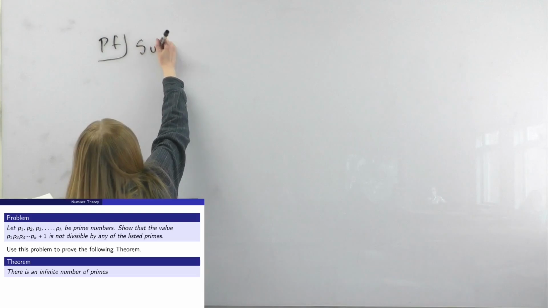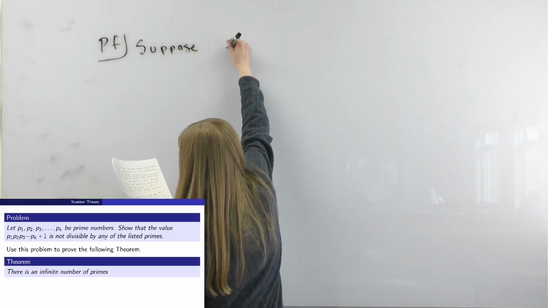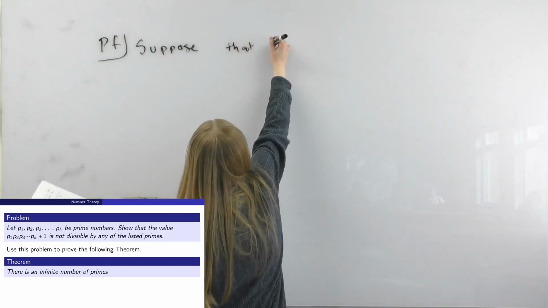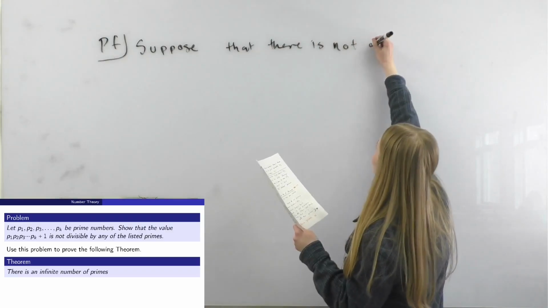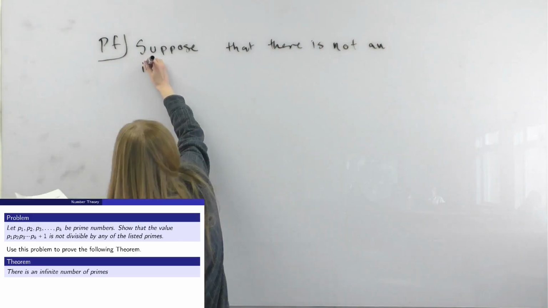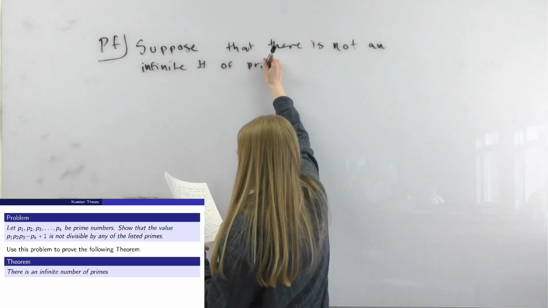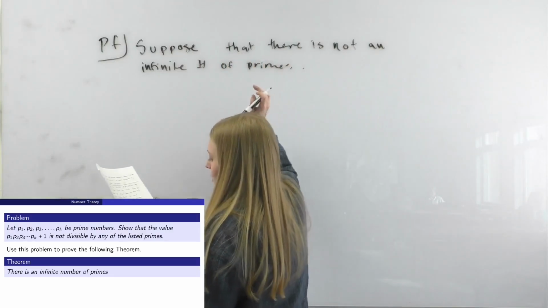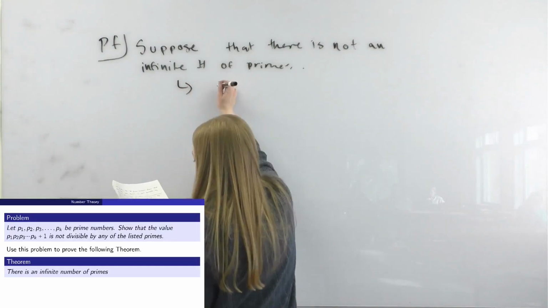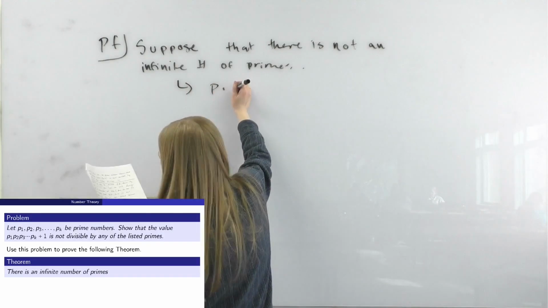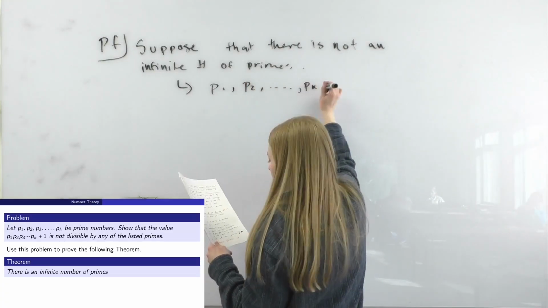So what we're going to do is suppose, for the sake of a contradiction, that there is not an infinite number of primes. Okay? As there is a finite number of primes, we can list them. And here they are. We have P1, P2, all the way up to PK.